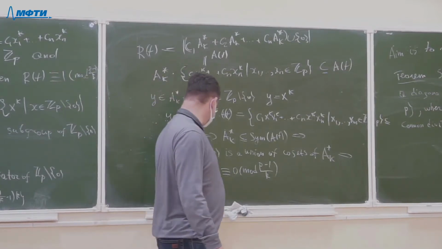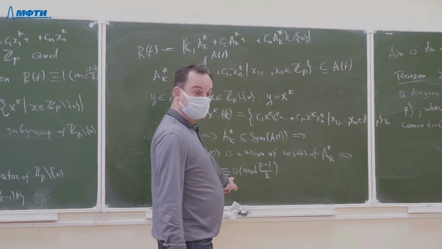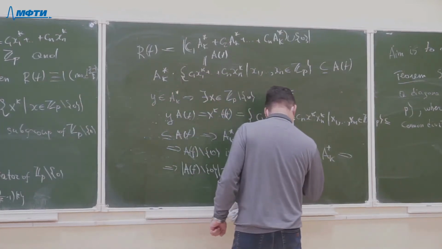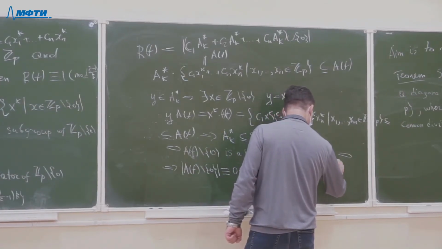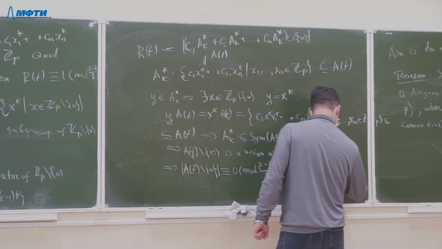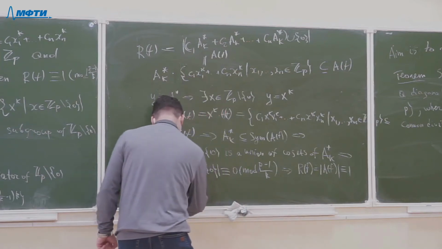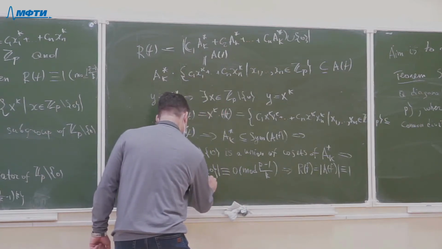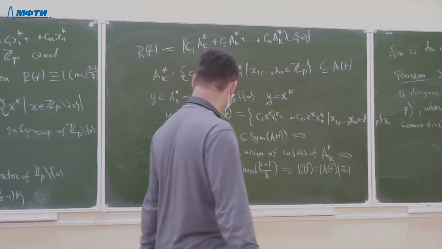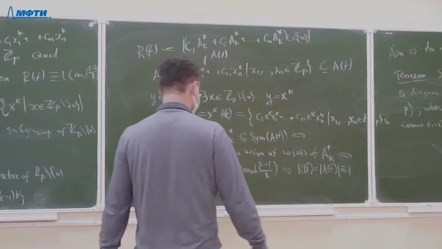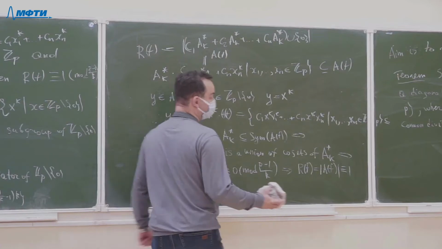And this means that if we add 0 inside, the size of AF is 1 modulo p minus 1 divided by k. That's all. Right, next lemma.